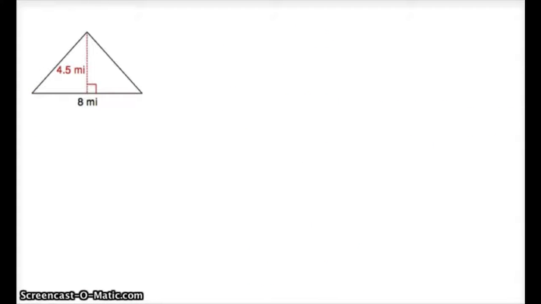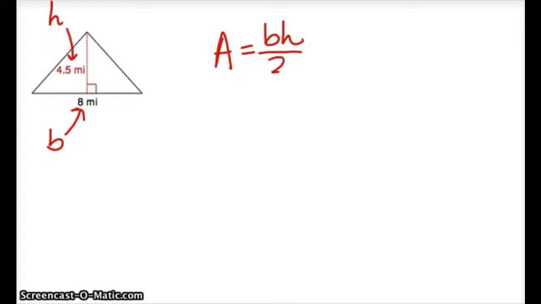Second example, our height is 4.5 and our base is 8. I need to label my height. The formula for a triangle is base times height divided by 2. My base is 8.